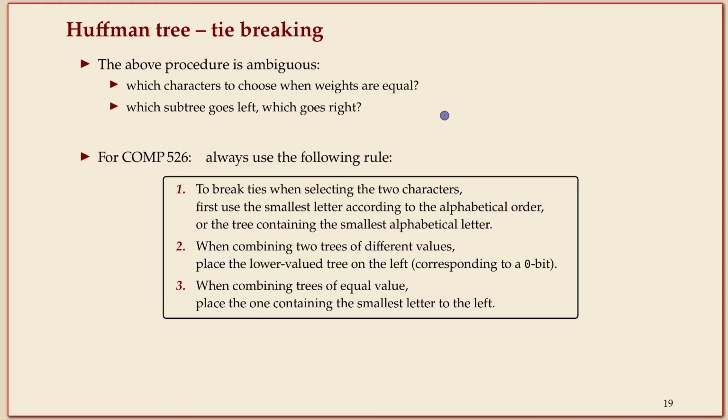This is a remark that is essentially just relevant for assessments. Sometimes if you build the Huffman tree, there are ways where you have to break ties, and either way would be fine. I want you to follow a specific rule so that you all arrive at the same result.